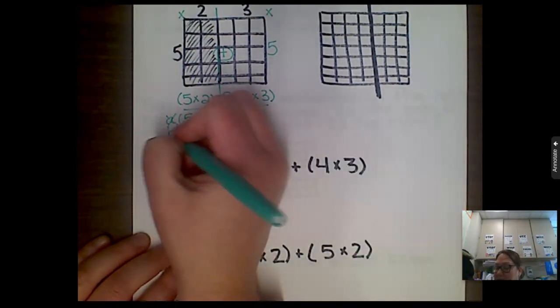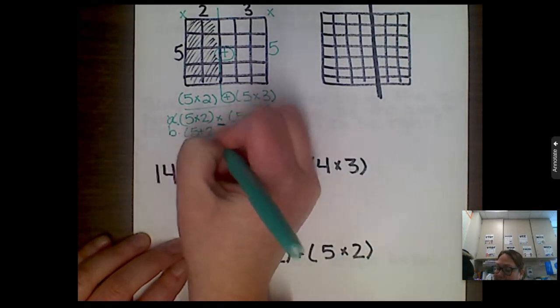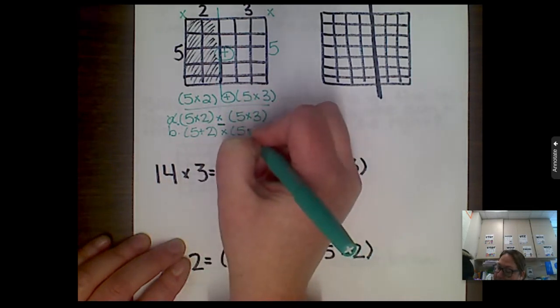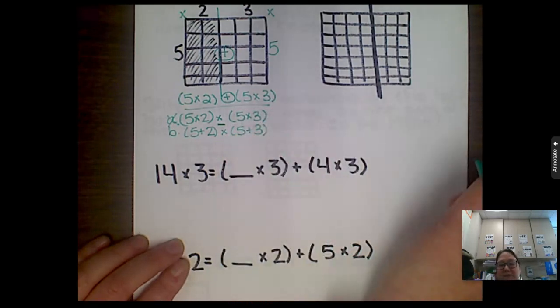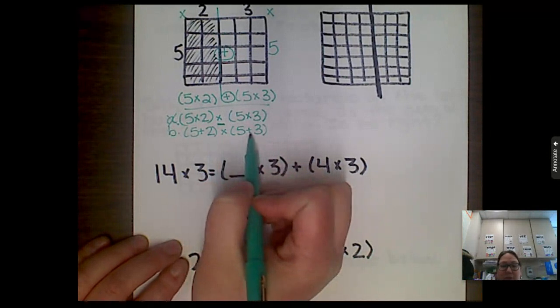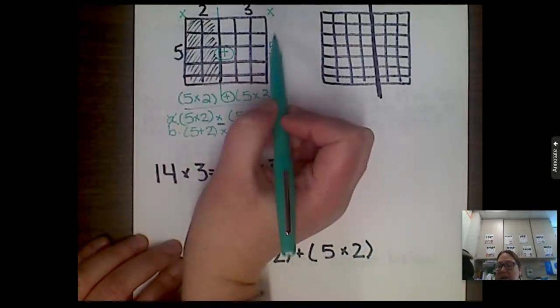Okay. If B says, let's look at this one. How about that one? What's wrong with that one? I'm adding the 2 sections, right? Instead of multiplying. I know that I'm multiplying because I have 5 times 2 and 5 times 3.